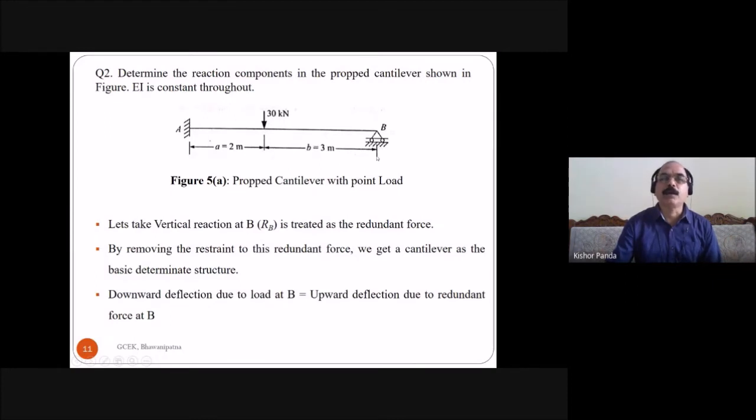Then you have to find the downward deflection at B and the upward deflection at B, and the net deflection at B is equal to 0.